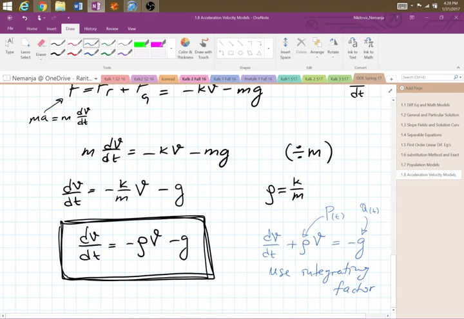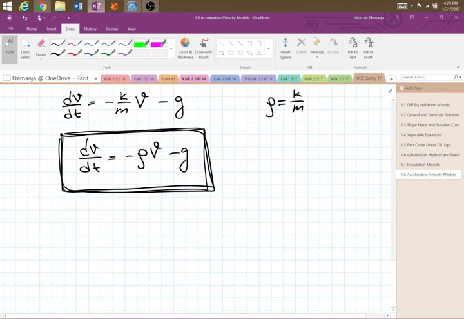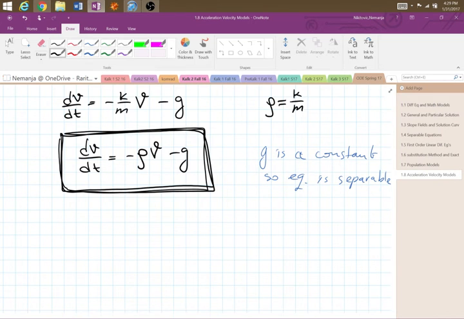G is not a function. Don't need this. G is a constant. What does that mean? It's separable, exactly. G is a constant. So now we solve it.